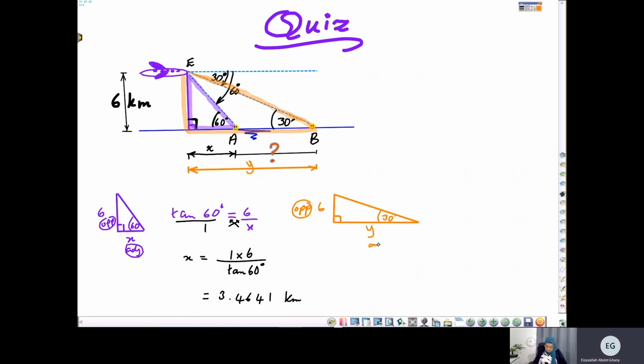This y is the adjacent. So the relation is tan 30 equals opposite over adjacent. As usual, we put here an invisible one, and then y equals a long dash divided by the number connected to y, which is tan 30. And here is 1 multiplied by 6. So we'll divide 6 divided by tan 30. It will be 10.3923 kilometers.